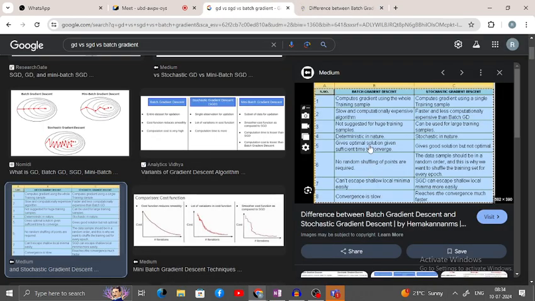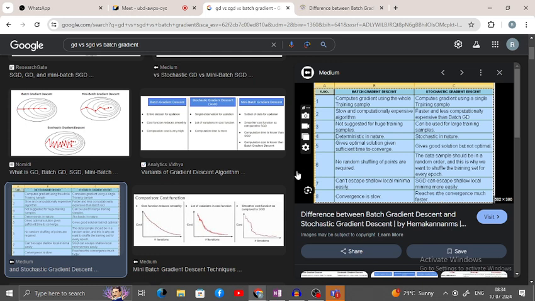Similarly, stochastic is random in nature, batch is deterministic in nature, gives a solution but not optimal, okay, because it is stochastic. Similarly, there is no random shuffling of points in batch, but in stochastic the data is randomly shuffled because it takes single points, not one by one, randomly. Convergence is slow in batch gradient, while stochastic reaches convergence faster than batch.